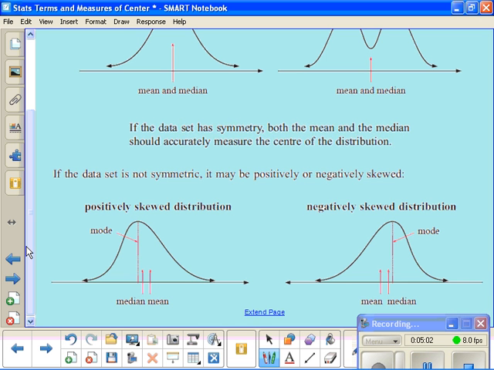The mean, the average, would get pulled towards that outlier because they would raise the average, in other words. That oftentimes happens with CEOs and things like that.